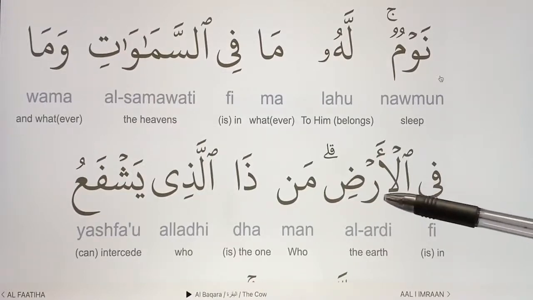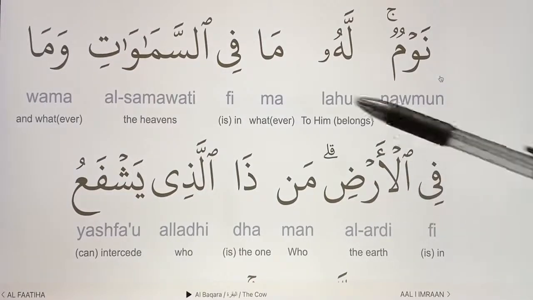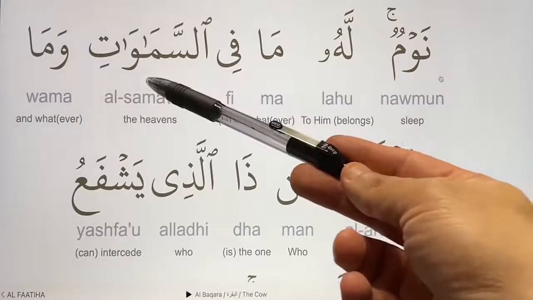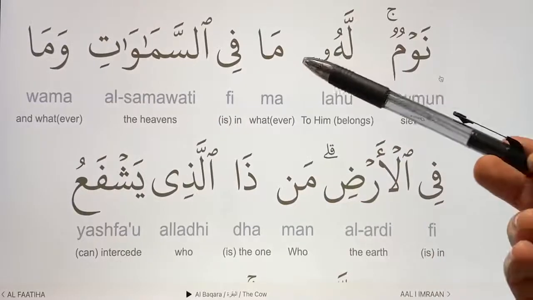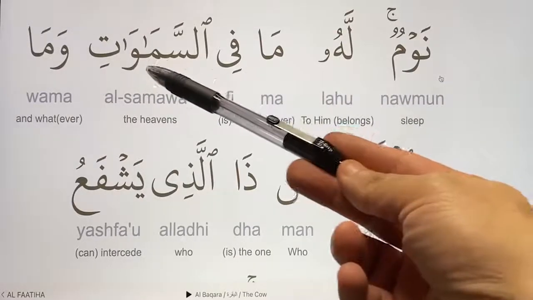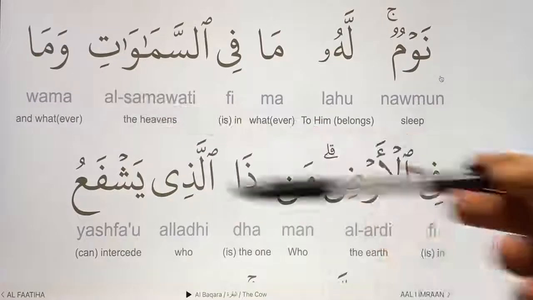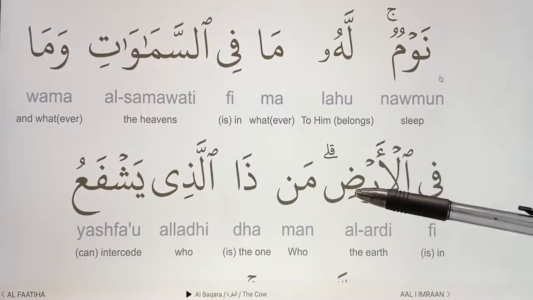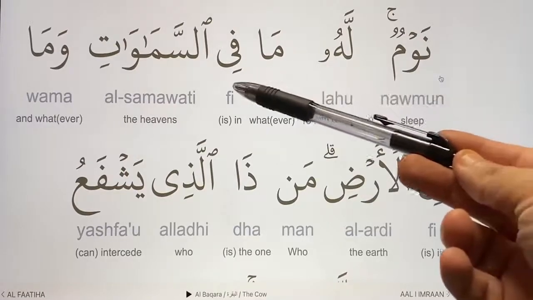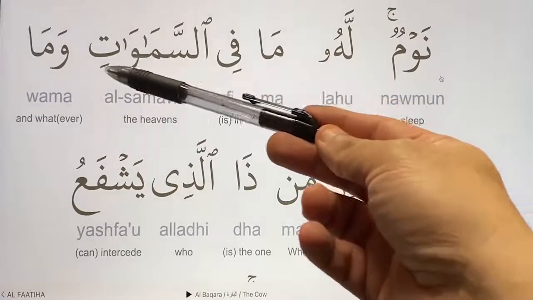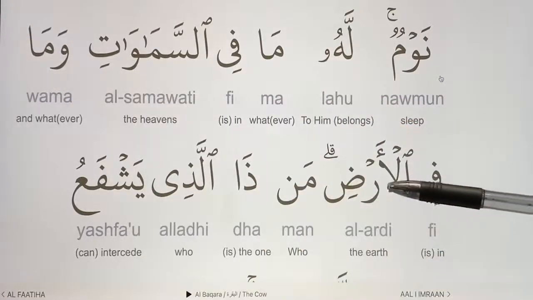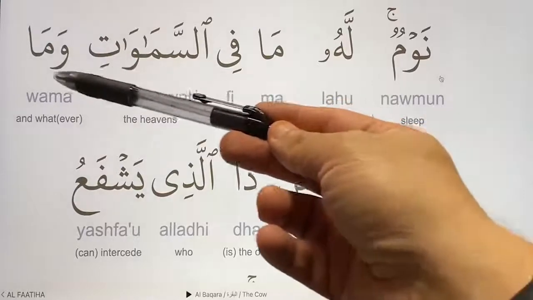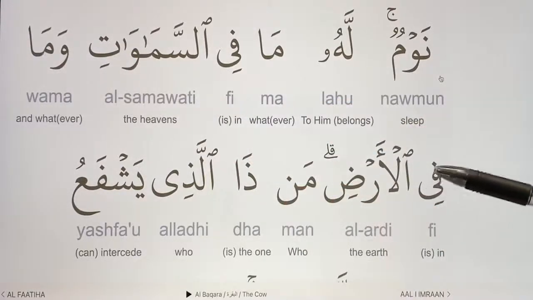وما في الأرض. Okay, going back. له ما في السماوات وما في الأرض.